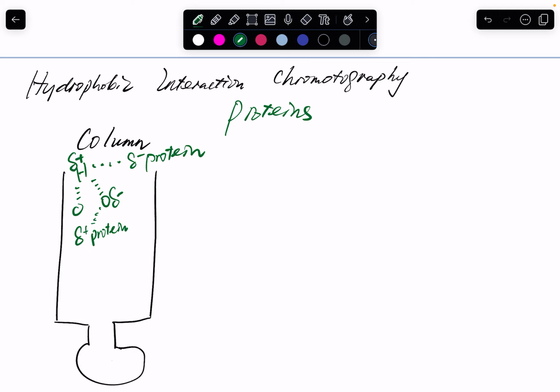Scientists came up with beads. Those beads are the stationary phase, meaning they're not mobile, they're not moving. They coat these beads with some hydrophobic coating. As you can imagine, this hydrophobic coating would want to interact with other hydrophobic stuff.